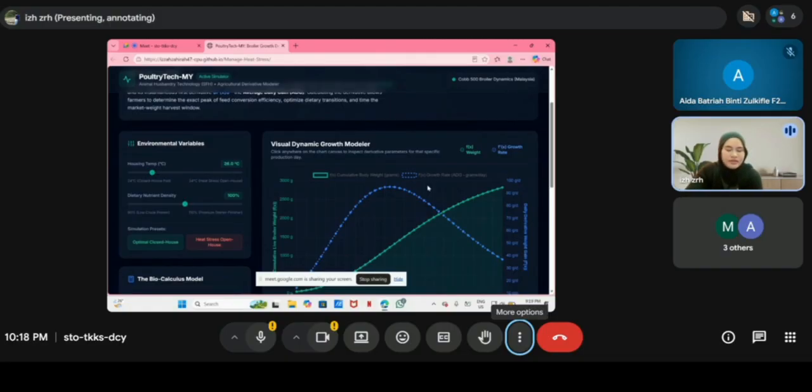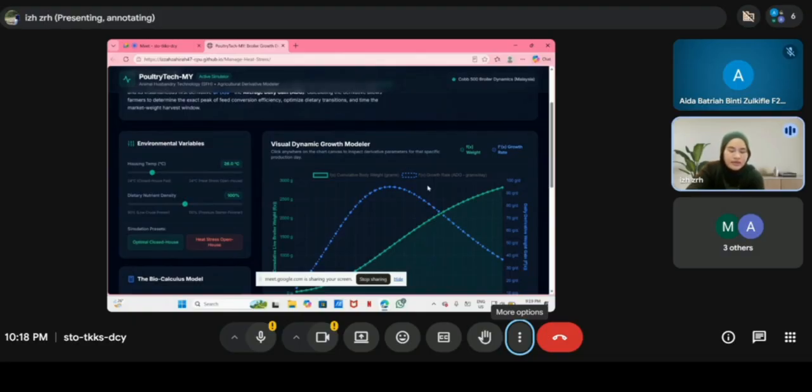Why does this matter? Because this data point translates directly into veterinary and management action. The simulator calculates that under optimal conditions, the peak performance day happens at exactly day 23. Knowing this allows managers to change feed formulation from starter to finisher exactly when the bird's metabolism demands it.